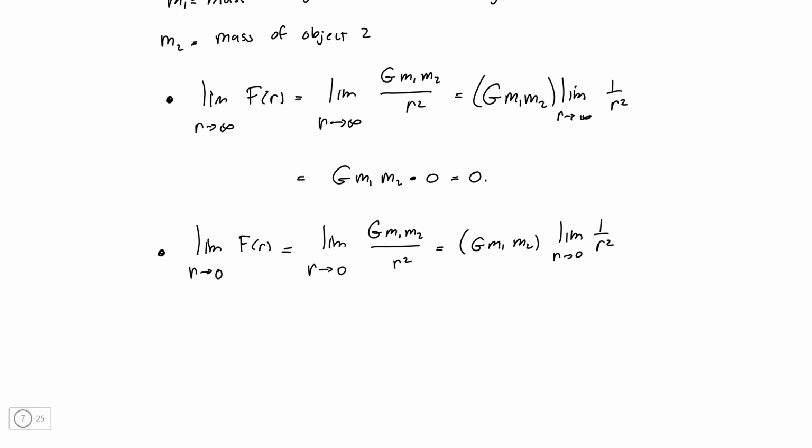As r goes towards 0, we saw above that this is going to go towards infinity. So as we let them get arbitrarily close together, this is going to get closer and closer towards infinity. It's going to get very, very large.